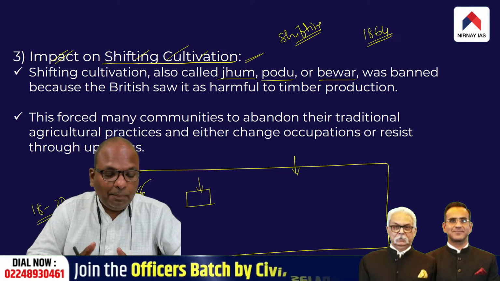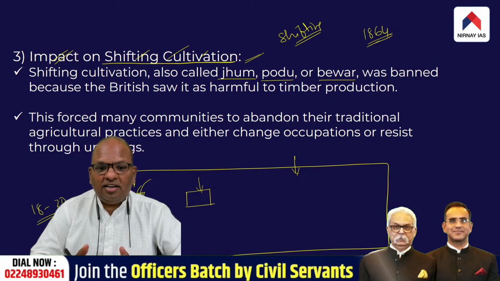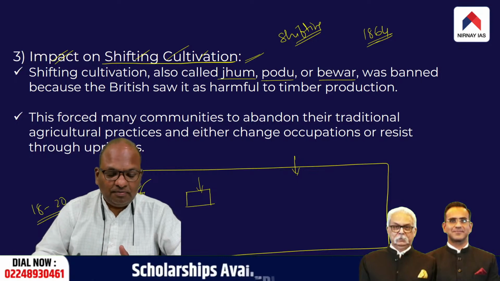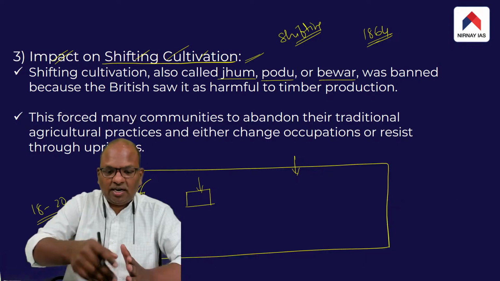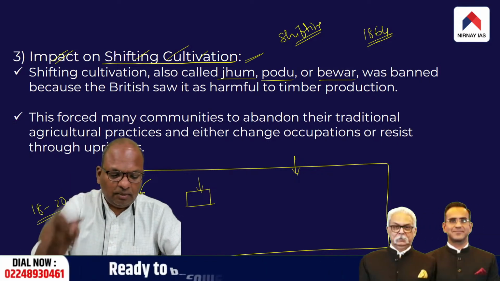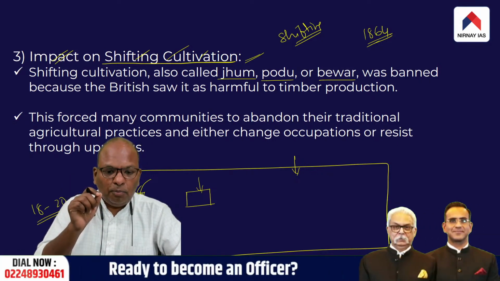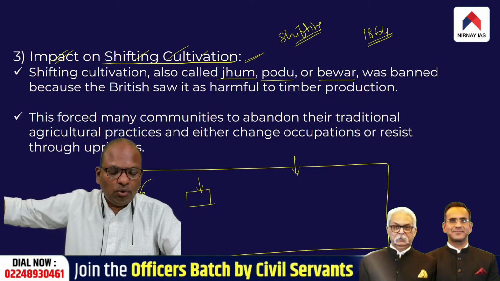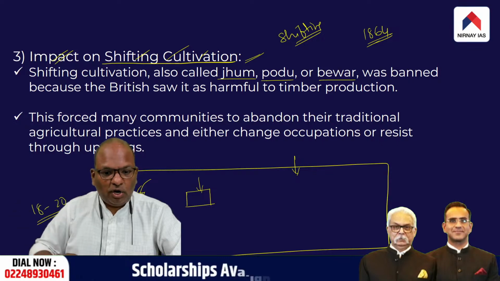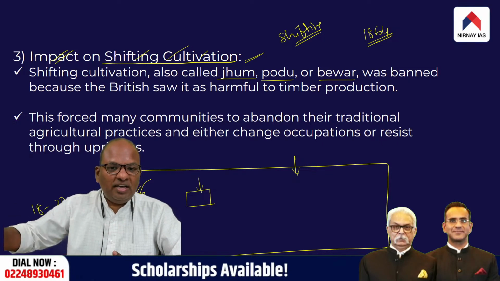Reason? The British were afraid that once the patch is cut and put to fire, the fire blaze might spread to other parts of the forest, and the entire forest may get burnt down.